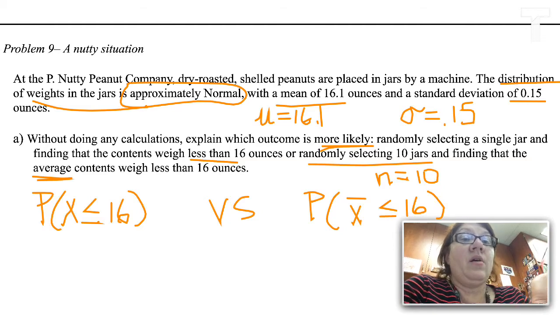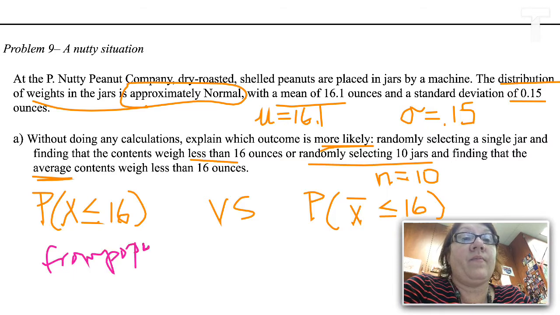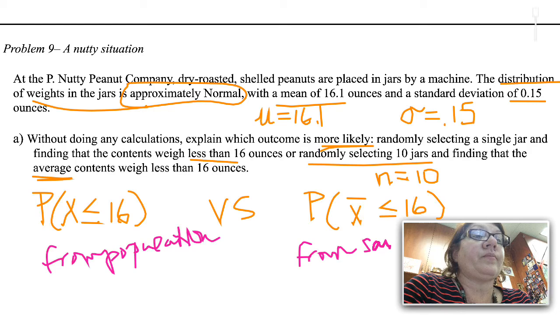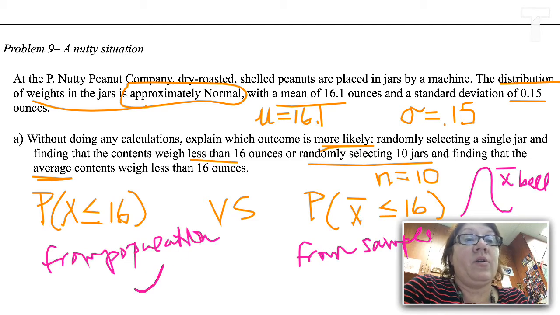And of course what I know is, since this one comes from the population and this one comes from the sample means, that this bell is definitely going to be narrower. So remember, my X bar bell is narrower than the population bell.